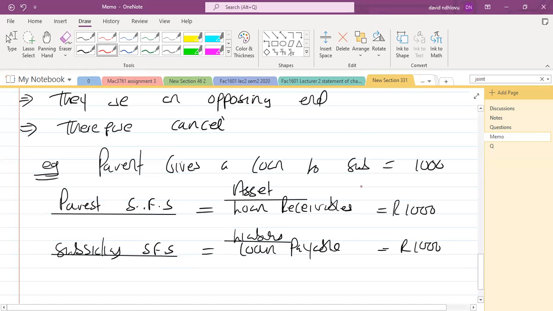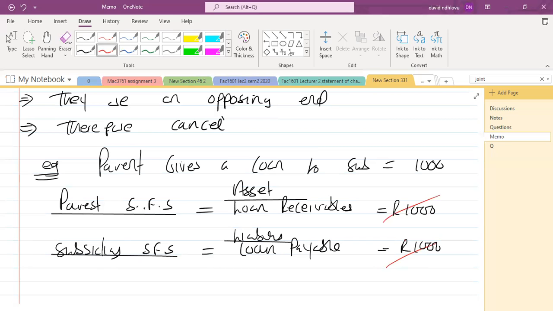So you must take the asset off and cancel it against the liability in the combined financial statements. Another way of looking at this: when we consolidate, we are saying the parent and the subsidiary are one entity. We are making a group. A group is one company made up of different smaller subparts. So we can only recognize a loan when we are giving to someone outside the group.